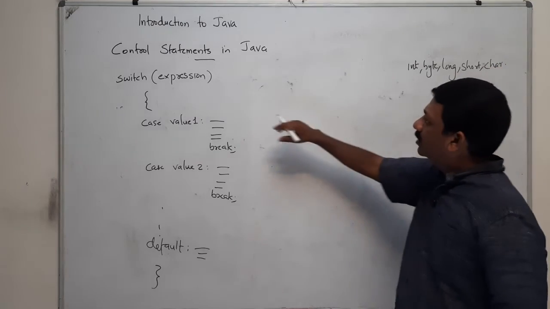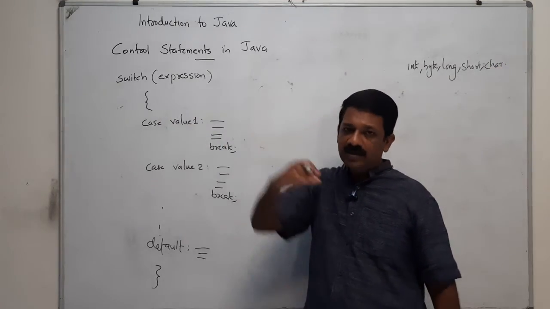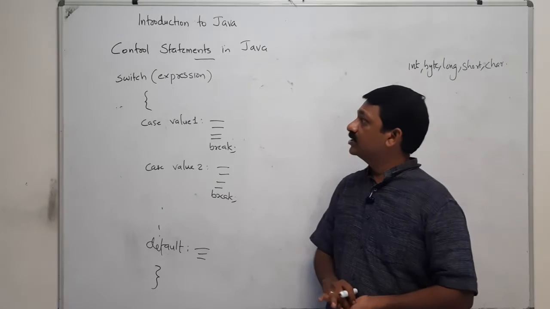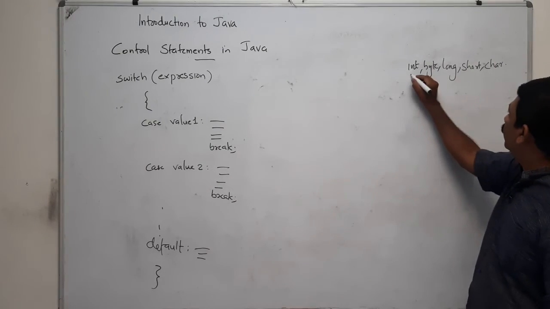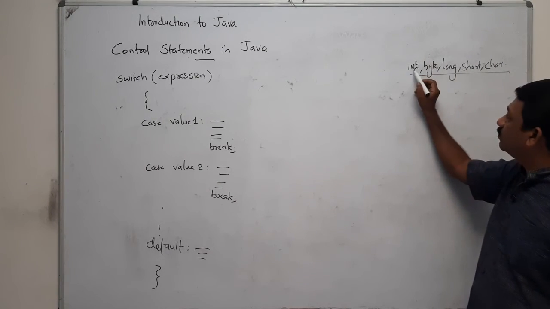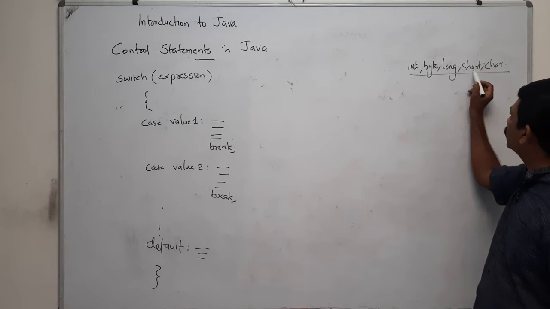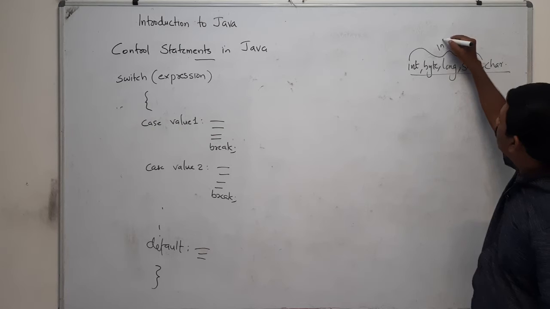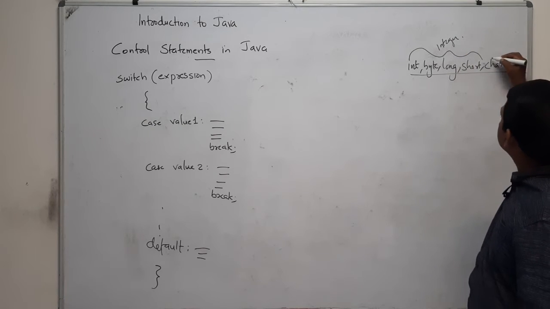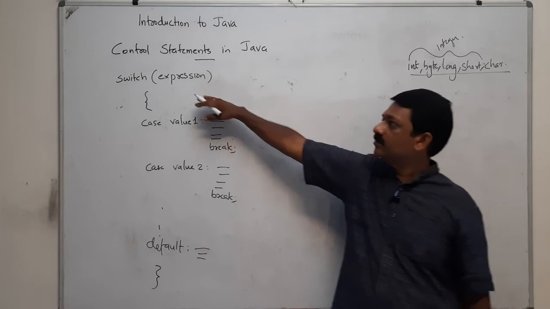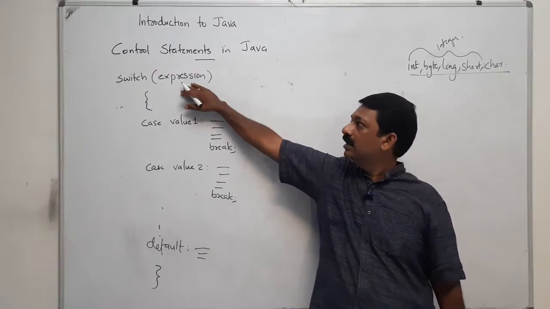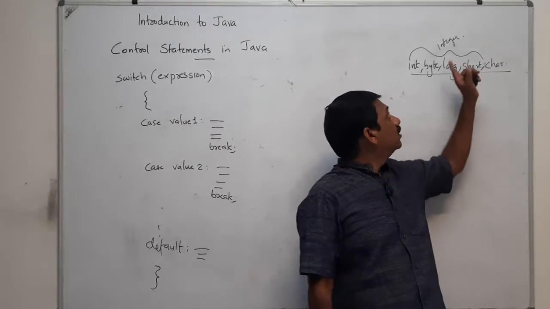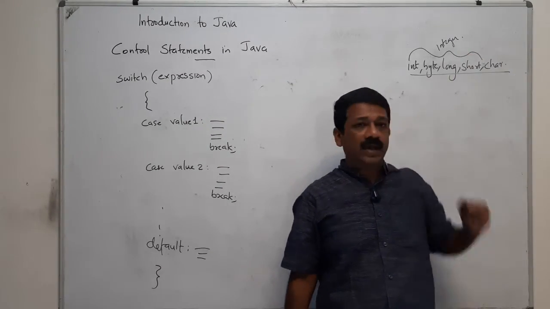That means when it is evaluated, it should return either an integer, byte, long, short, or character. These are all integer values and this is character. That means this expression should return either an integer value or a character.